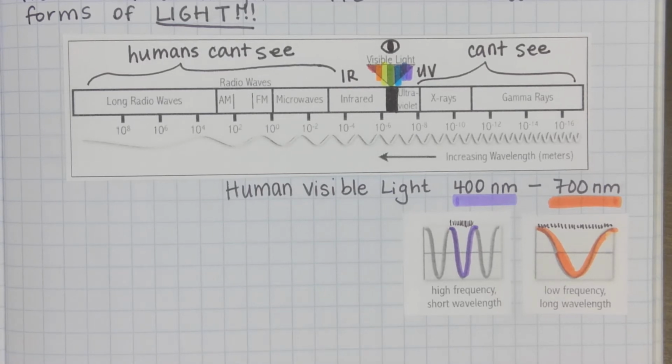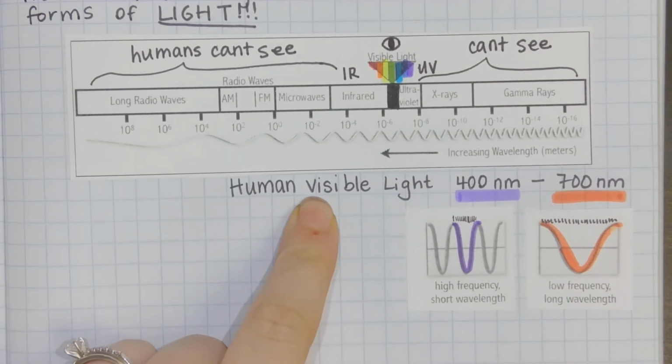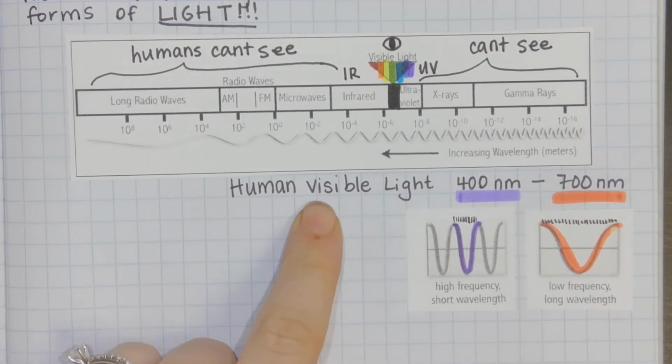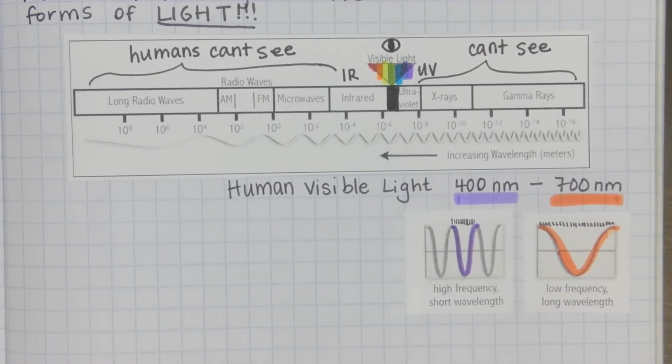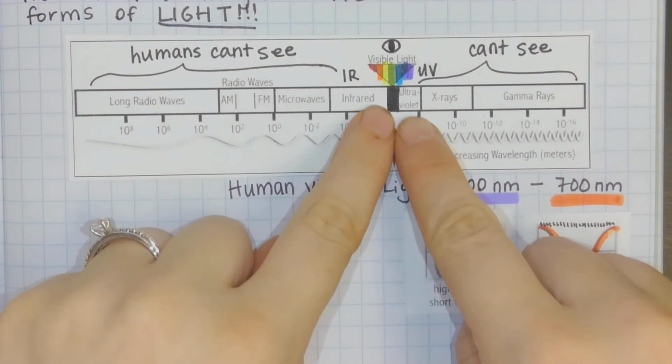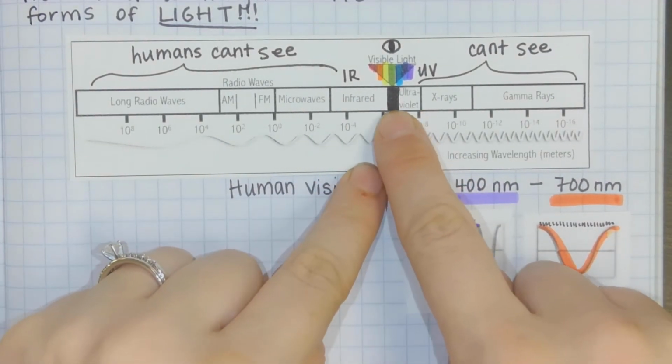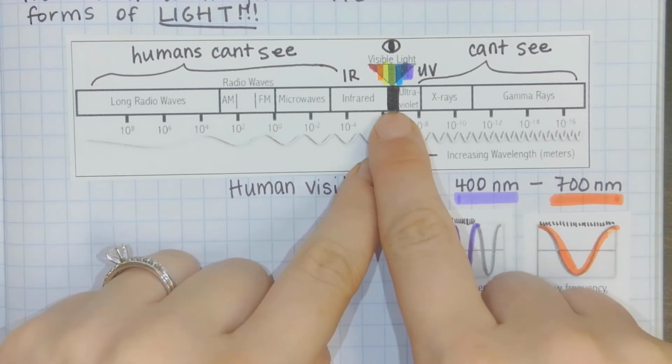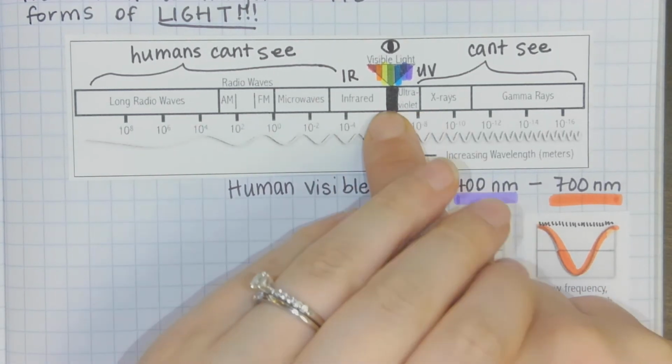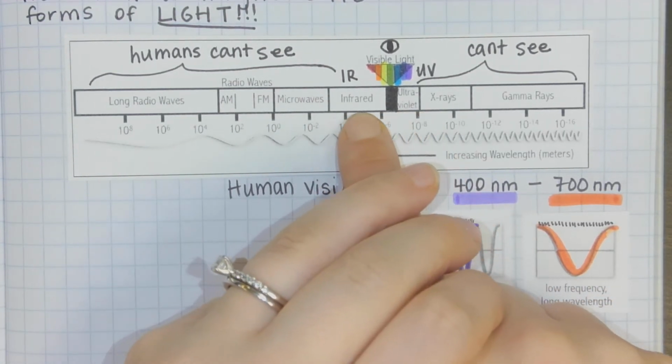Now, one thing that's important about what I wrote here is I wrote human visible light because our eyes are different, and I don't want to pretend that humans are super great or anything. Other creatures have different eyes, and maybe their area is more into the ultraviolet, or maybe theirs is more into the infrared.